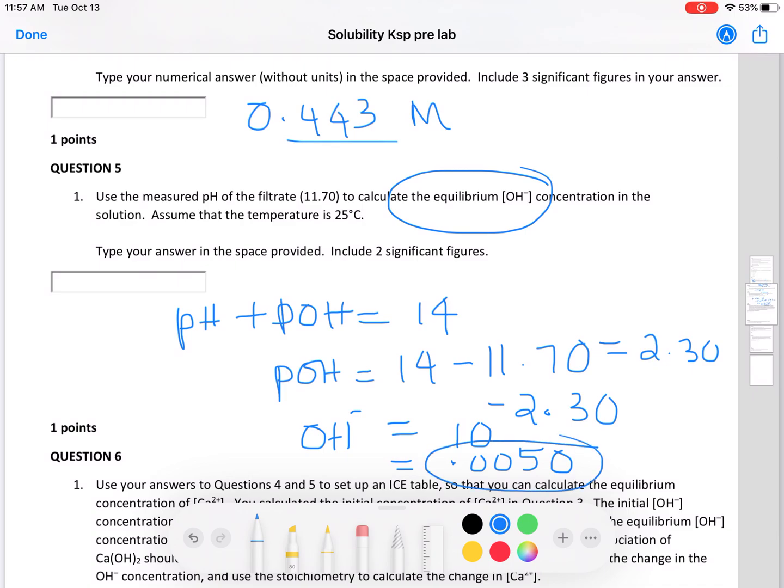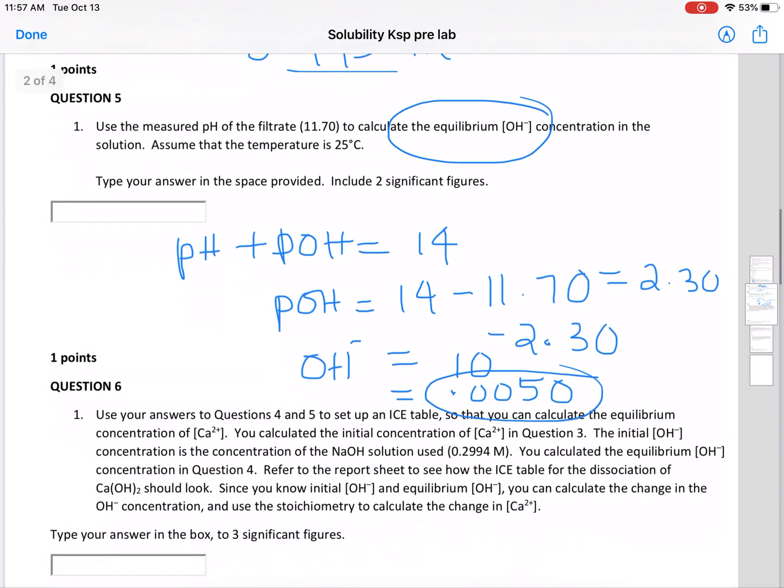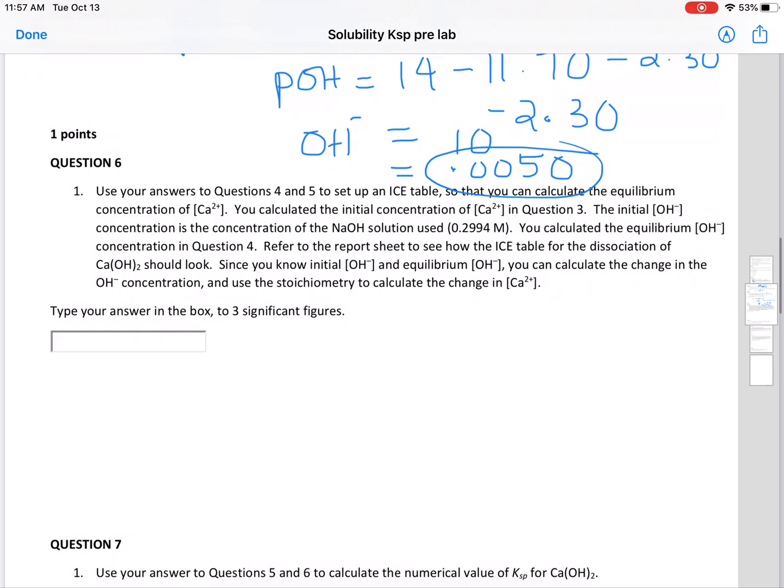Okay, so far we know the initial concentration of calcium, and the equilibrium concentration of hydroxide. Our goal is to find out the Ksp by constructing an ICE table. Use your answers to questions 4 and 5.